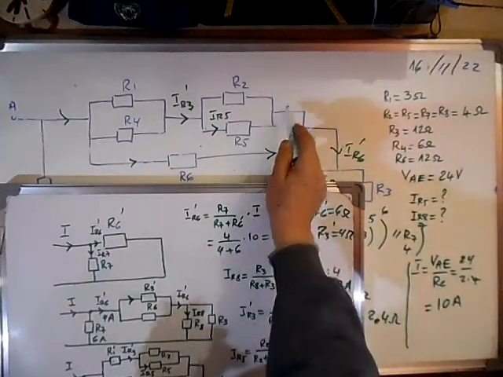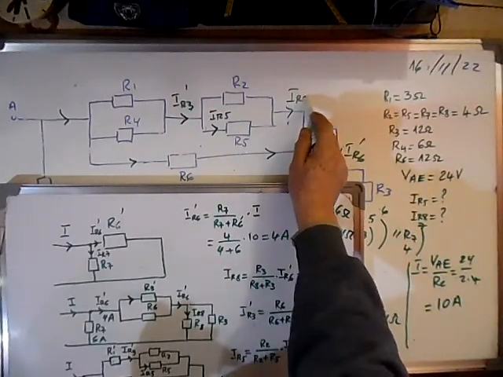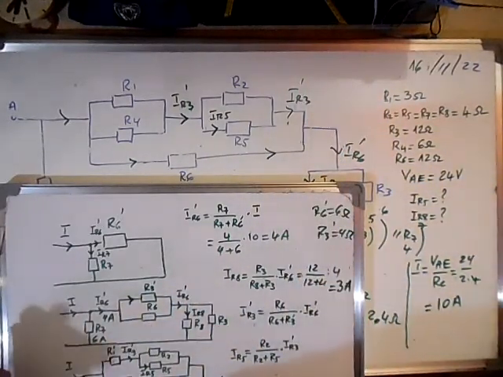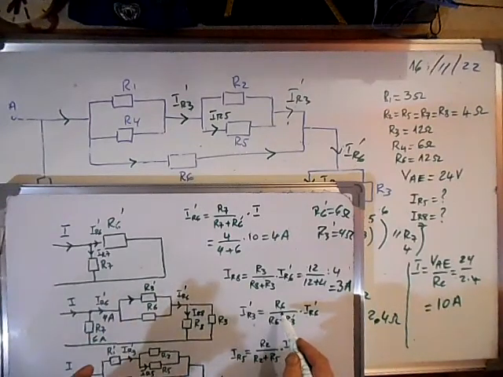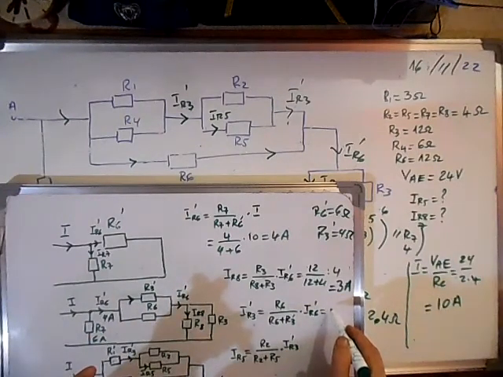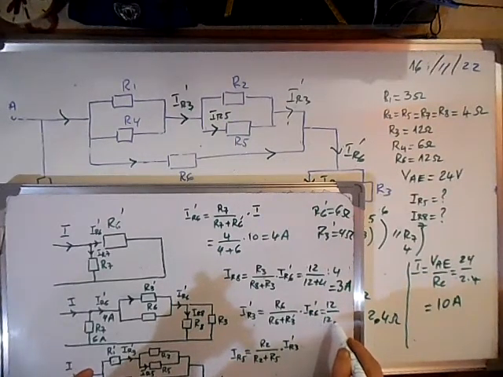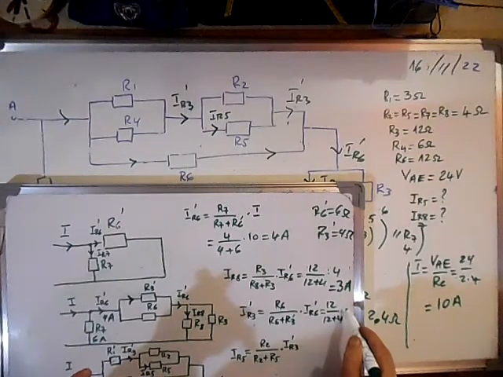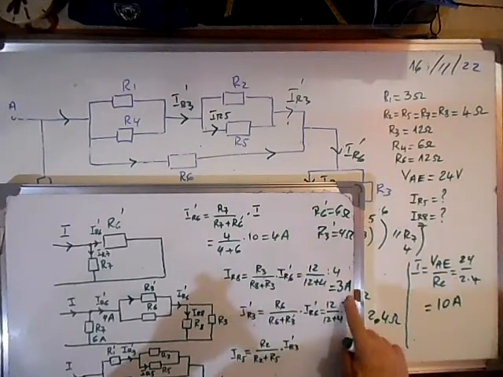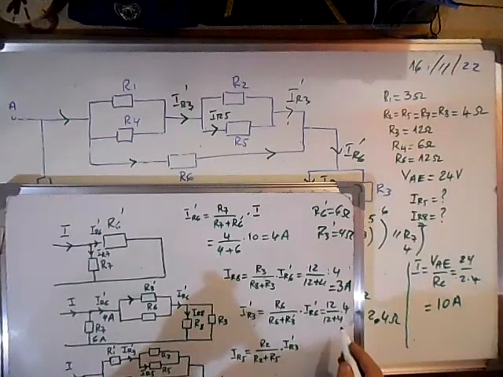We need this current. R6 is 12, over 12 plus R3 prime, and R3 prime is 4, times 3. No, this is R6 prime. Sorry, this is 4, and it's 3 amps.